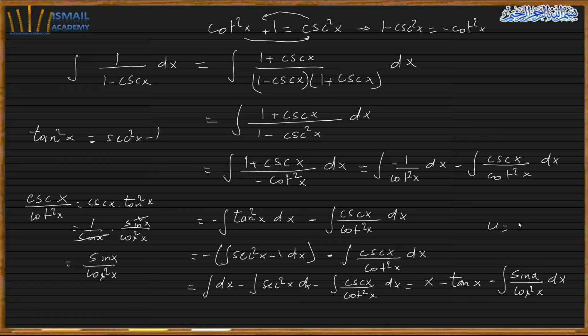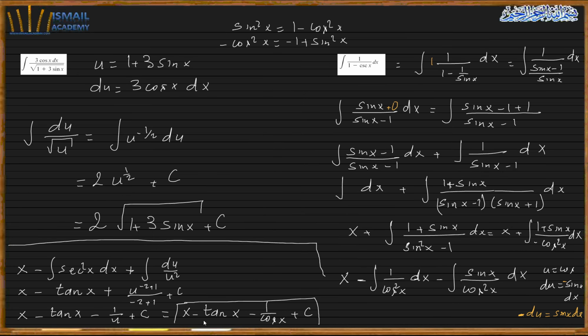I put u as my cosine, so du will be minus sine x dx. As you see, I will end up having the same answer: x minus tangent x minus 1 over cosine x plus c, and this is what I will get at the end, which is the same thing we got before.